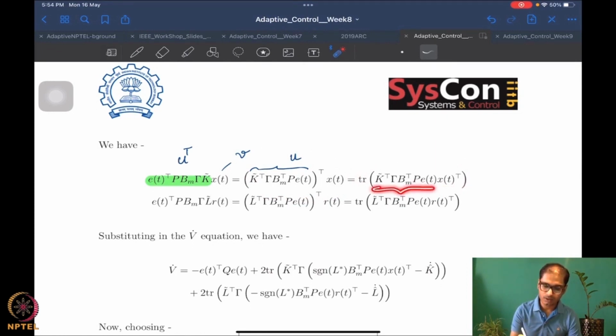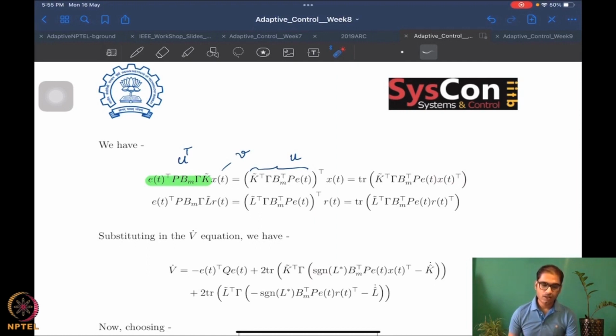So this whole thing is U, K tilde transpose gamma BM transpose P E, and then this is V transpose. So I get something like this.